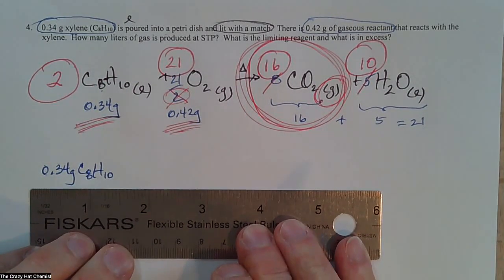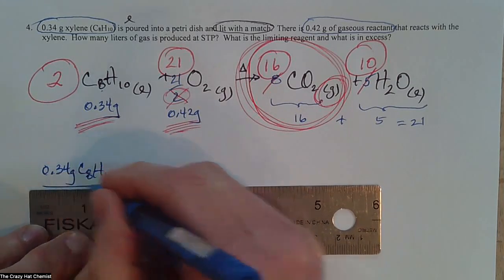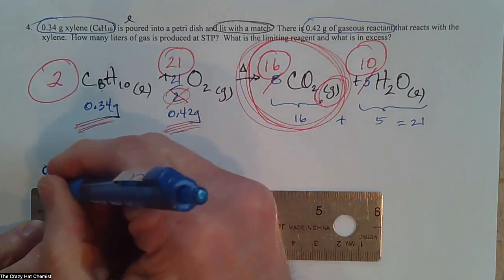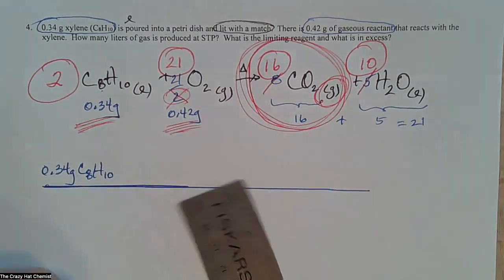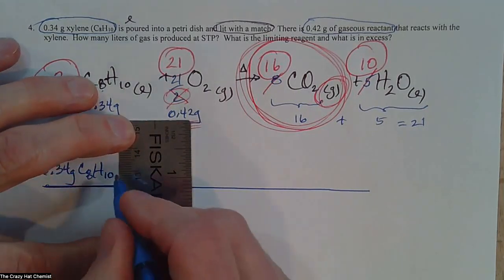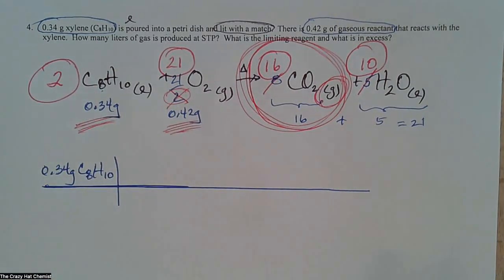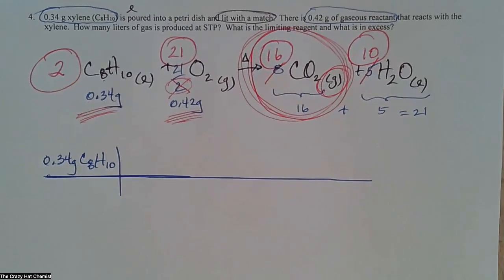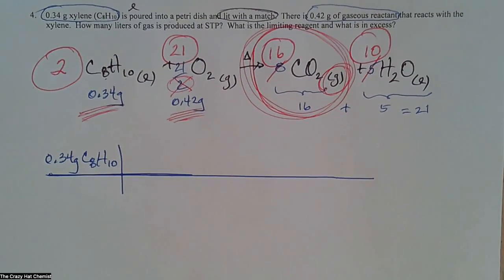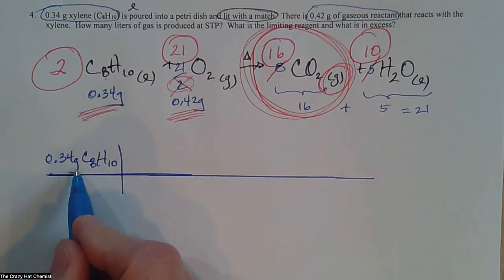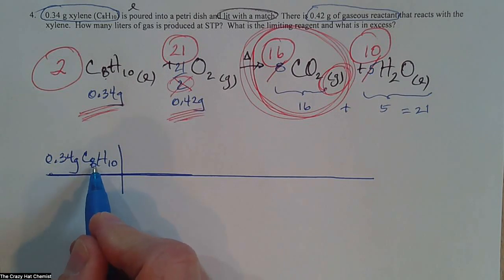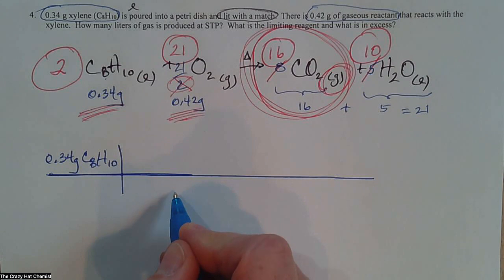And let's draw our little monorail here. There we go. And here's my vertical stop. All right, so let's move this up a little bit here. Maybe we can fit this all in here. So this is grams of C8H10. And so therefore, I'm going to have grams of C8H10 over here.